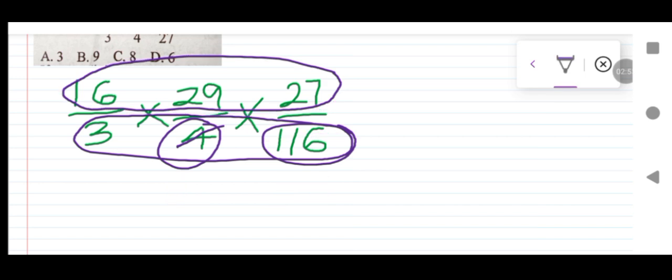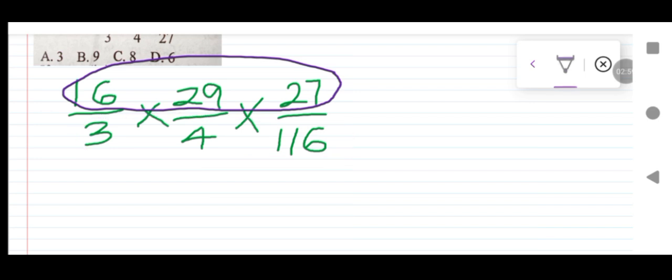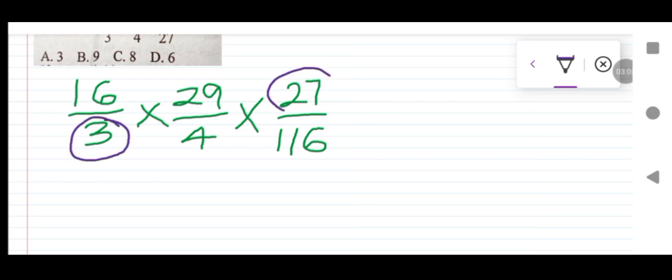So with that, we want to see the numbers that can divide. Right here you can see 3 and 27. One is a numerator and the other is a denominator, so 3 can divide: 3 gives 1, and 27 gives 9. Let's check another number that can divide. We have 4 and 16.